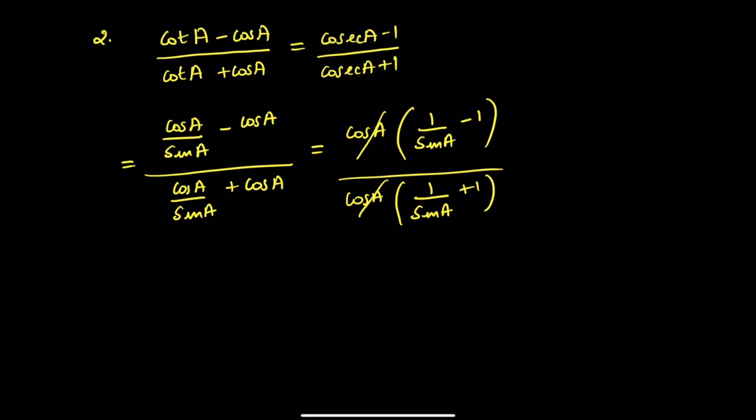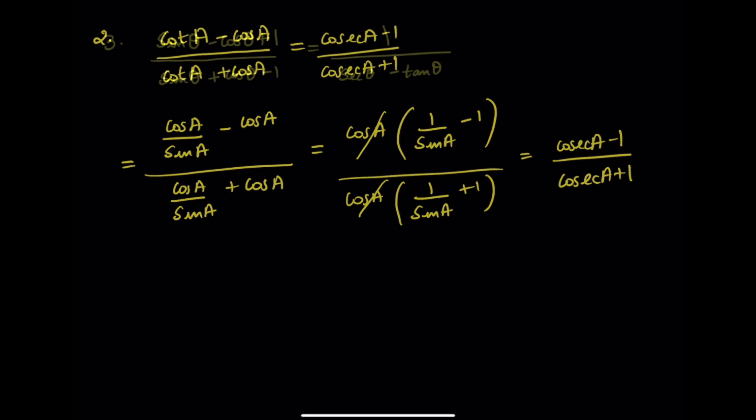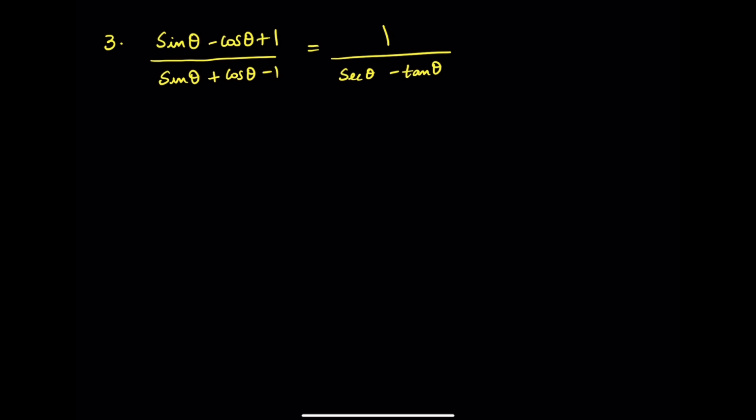So cos A gets cancelled. 1 by sin A is nothing but cosecant A, so we get cosecant A minus 1, and cosecant A plus 1 is the denominator. So that is what we wanted to prove. It's as simple as that. Please keep the definitions of tan, cot and all the inverse functions in mind, and you can solve any problem in trigonometric identities.